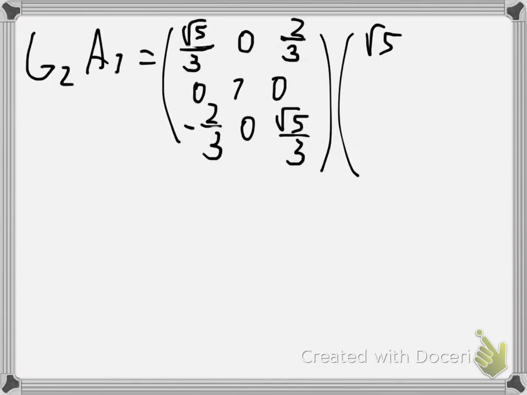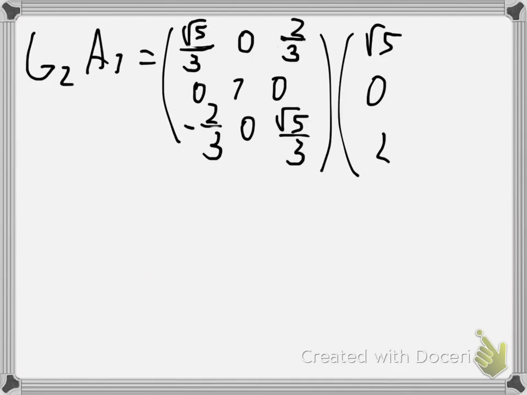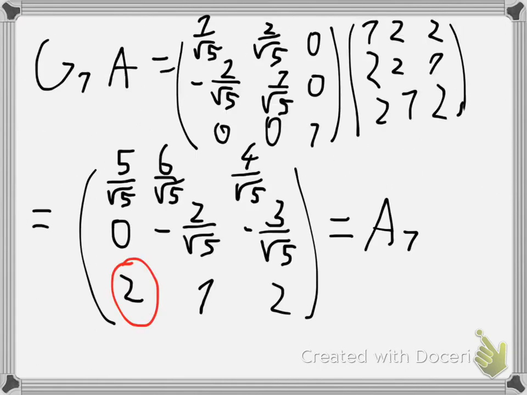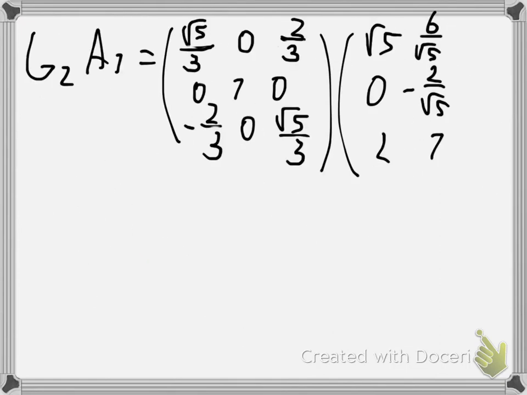Okay, 0 and 2, 6 over square root of 5, 1, 4 over square root of 5, negative 3 over square root of 5, and 2.